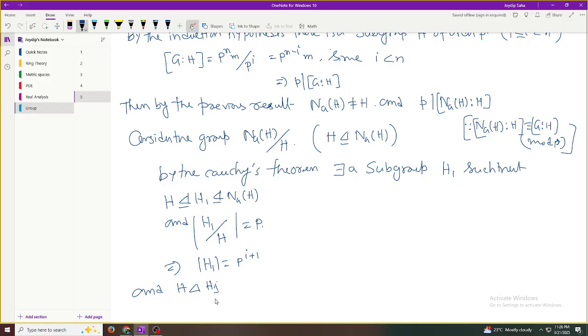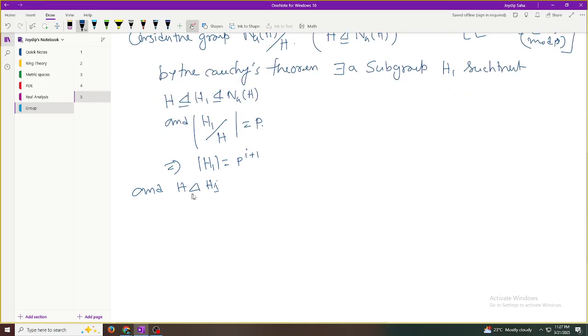So by induction, we have proved Sylow's theorem, or Sylow's first theorem.